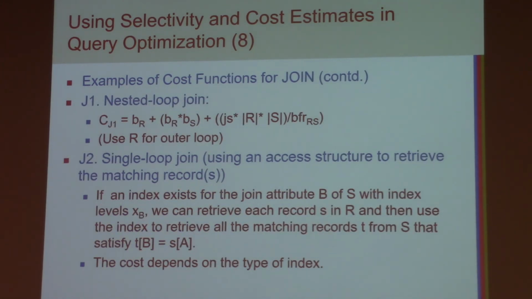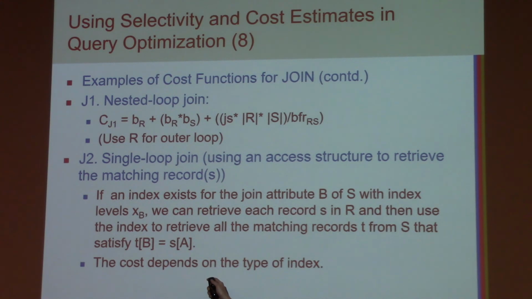So, for example, in case of a nested loop join, how many blocks on the left-hand side? How many blocks on the right-hand side? So B of R is the left-hand side, the driving table. And for each, you need to read all the data, that is B of R times B of S. First, you need to read the left-hand side, that is B of R, the driving table.